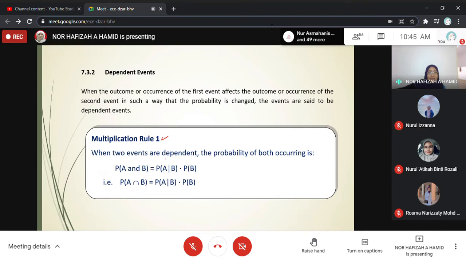When two events are dependent, the probability of both occurring, the probability of A intersect B, is equal to probability of A given B times probability of B. So if you look at this formula, it is actually derived from the conditional formula earlier. The conditional formula is: A given B is equal to probability of A intersect B over probability of B. From this formula, we just derive A intersect B. So probability of A intersect B equals probability of A given B times probability of B.